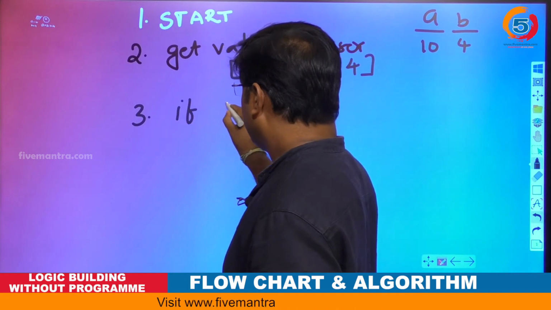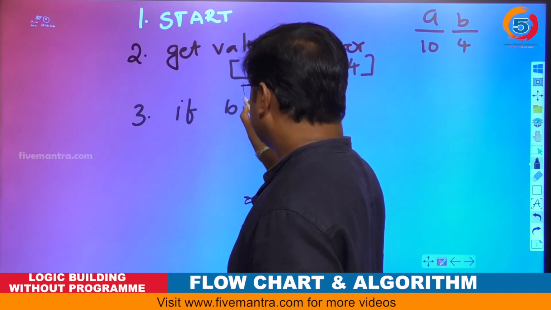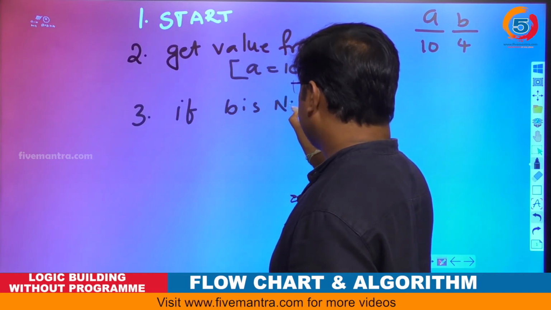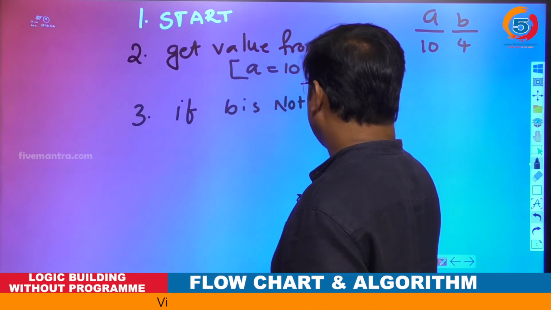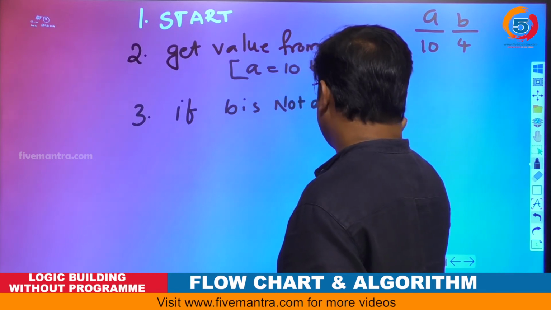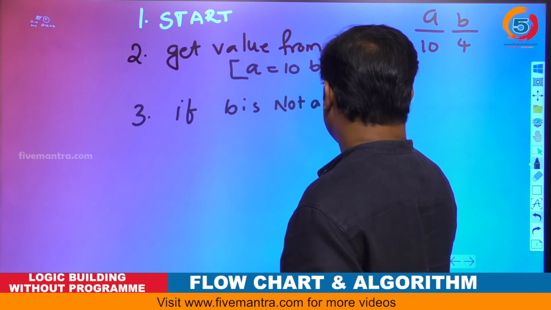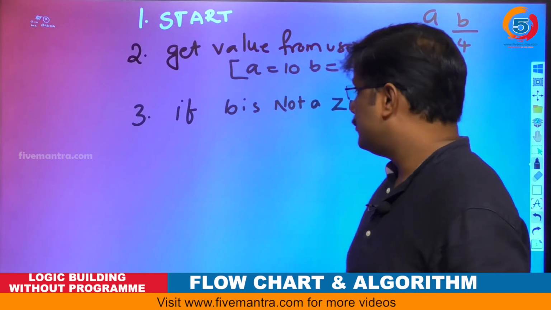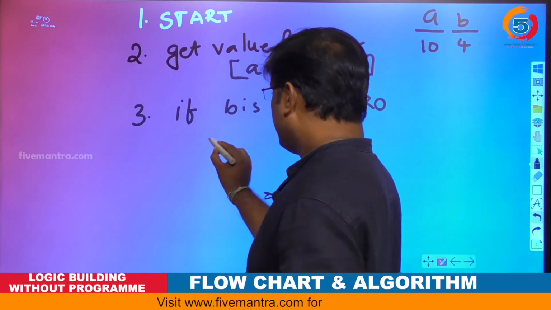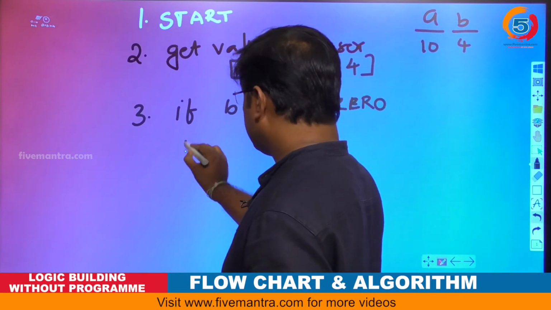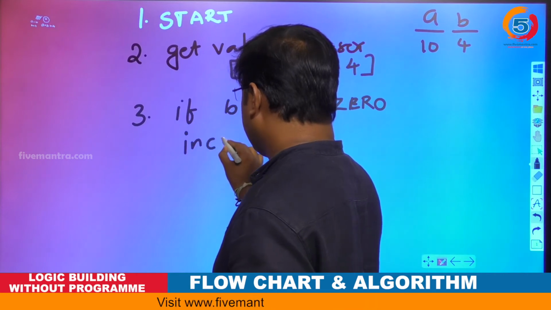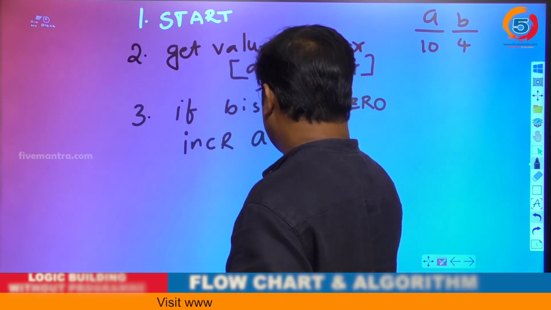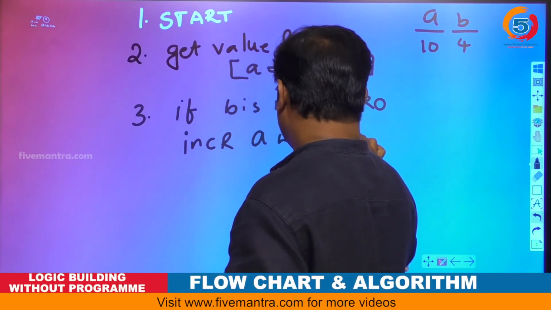If b is not 0, because sometimes a equal to 10, b equal to 0 can also be given, then when b is not equal to 0, what do you have to do? Then I am writing INCR: increment a by one value.